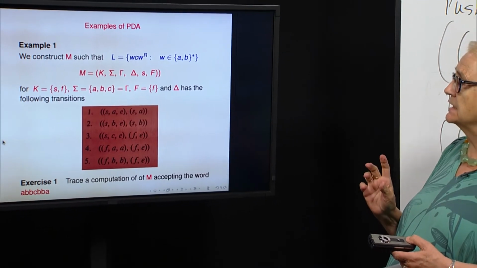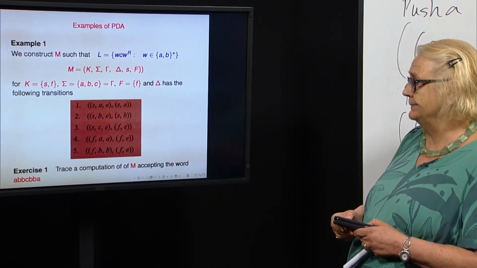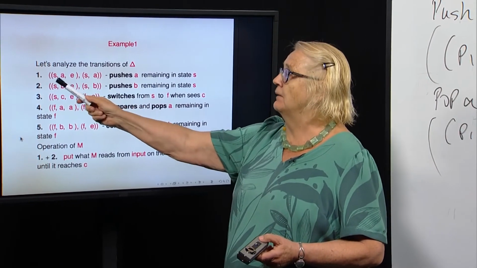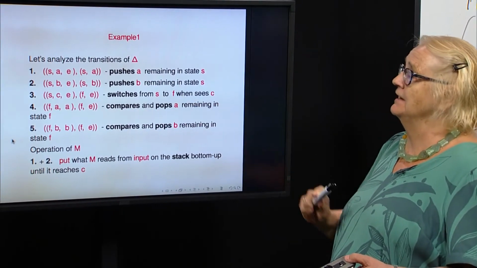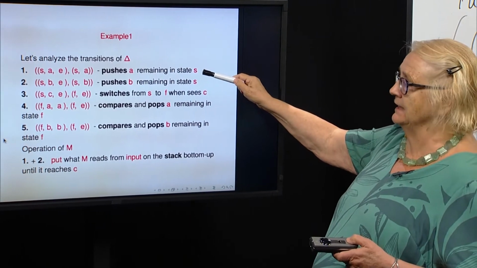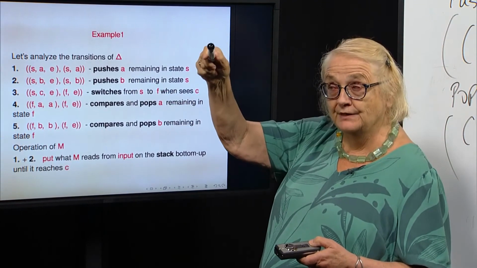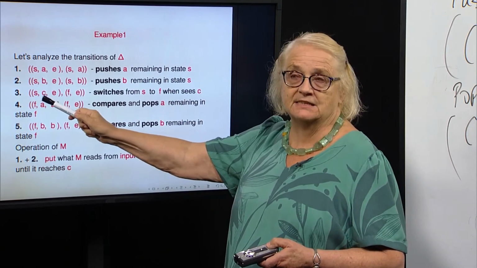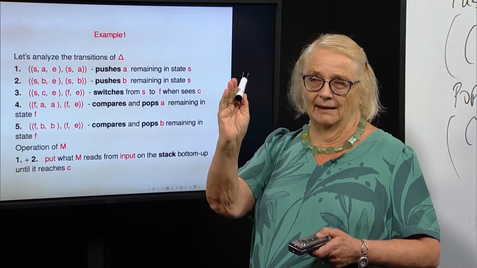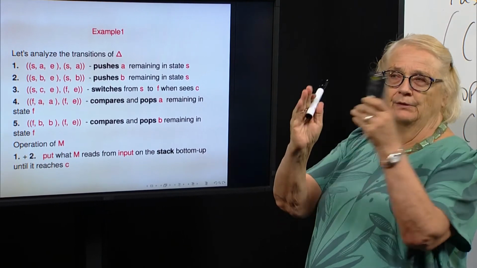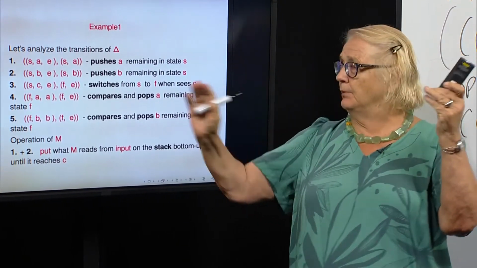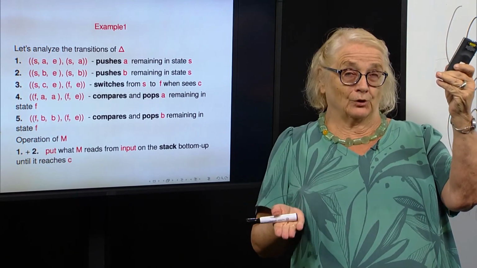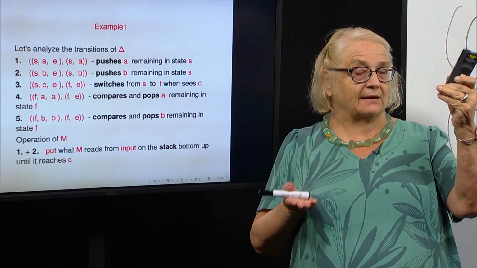When you read A, the automaton pushes A, remaining in the state S, and when you read B, you push B, remaining in the state S. Remember, when you read the whole W in the state S, what is happening is that you put on the stack the inverse of W, because you build the stack from the bottom.